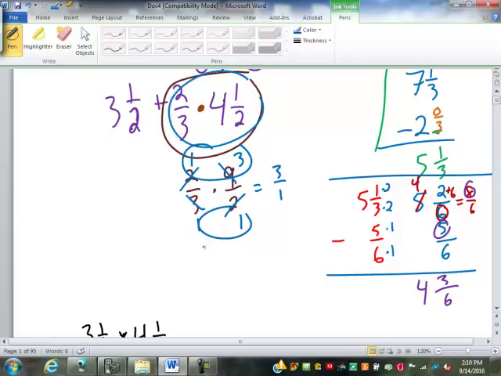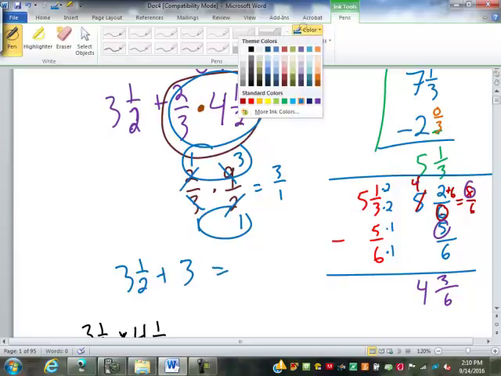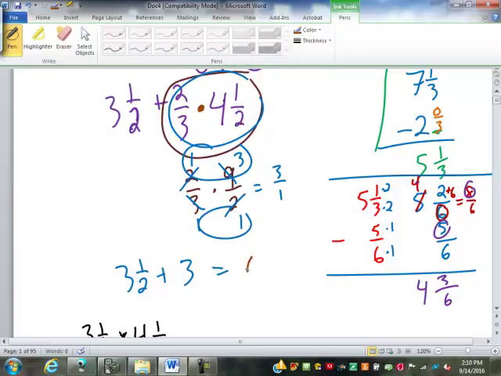That is just 3. So I now have 3 1/2 plus 3, which is 6 1/2. There's no fraction here, so I can just combine the 3 with the other 3 and keep the 1/2 on the end of it. Any questions on that?